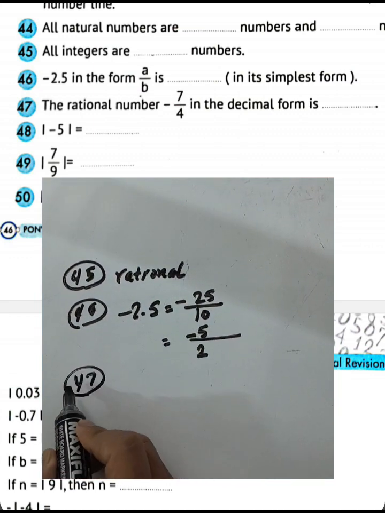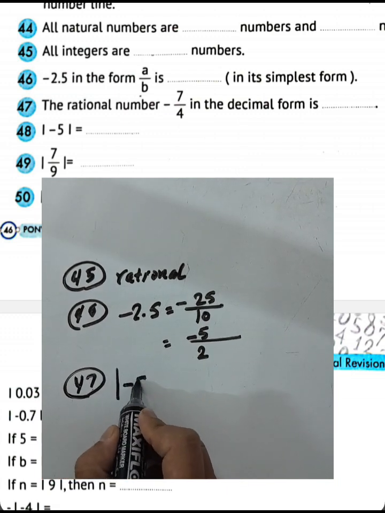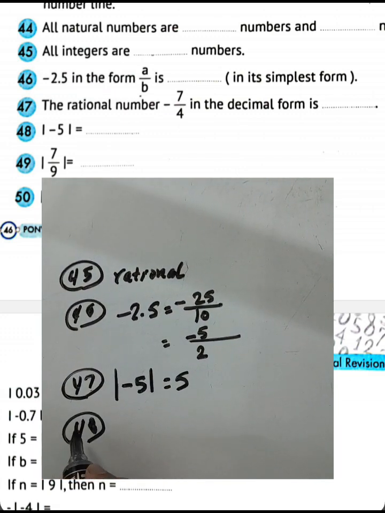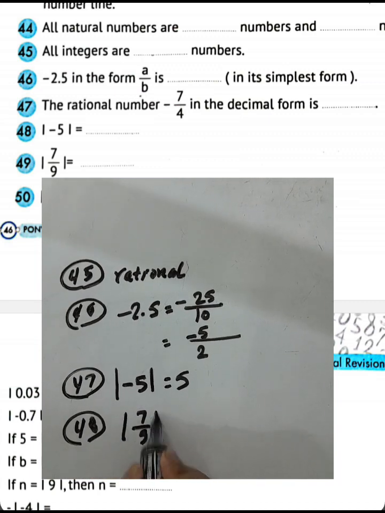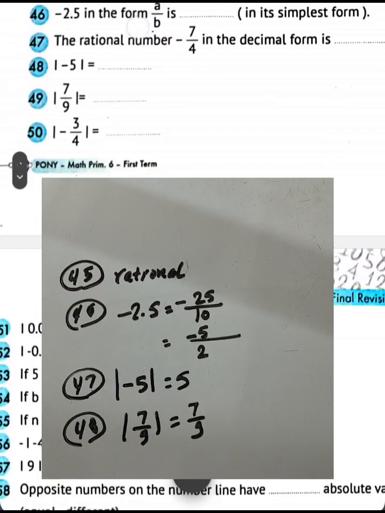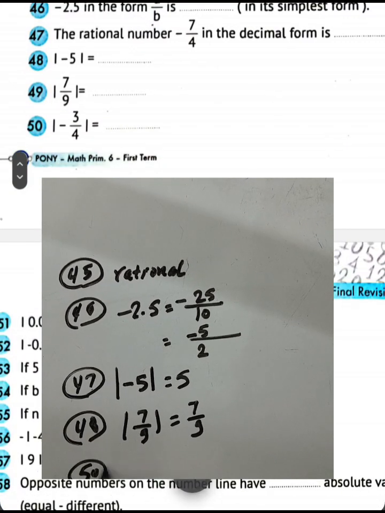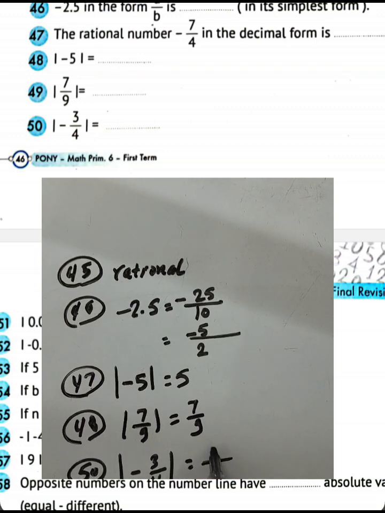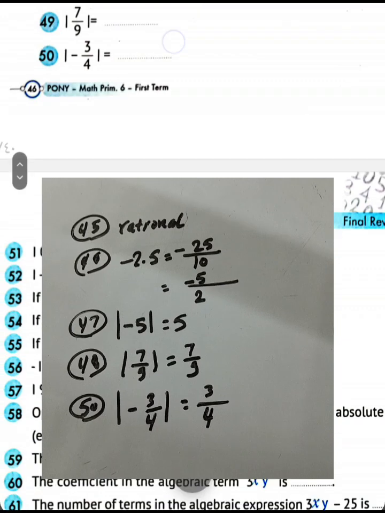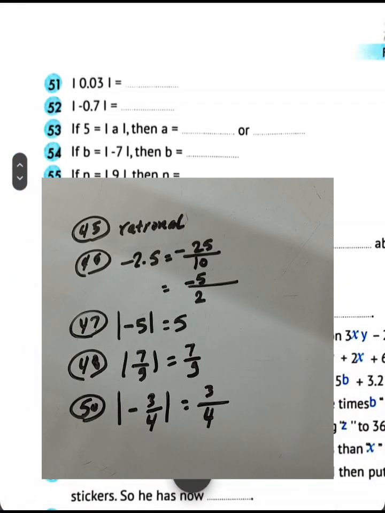Question 47. The absolute value of negative 5 will be 5. Question 48. Absolute value of 7 over 9 will be 7 over 9 here. Question number 50. Absolute value of negative 3 over 4 will be positive 3 over 4. Now question 51.